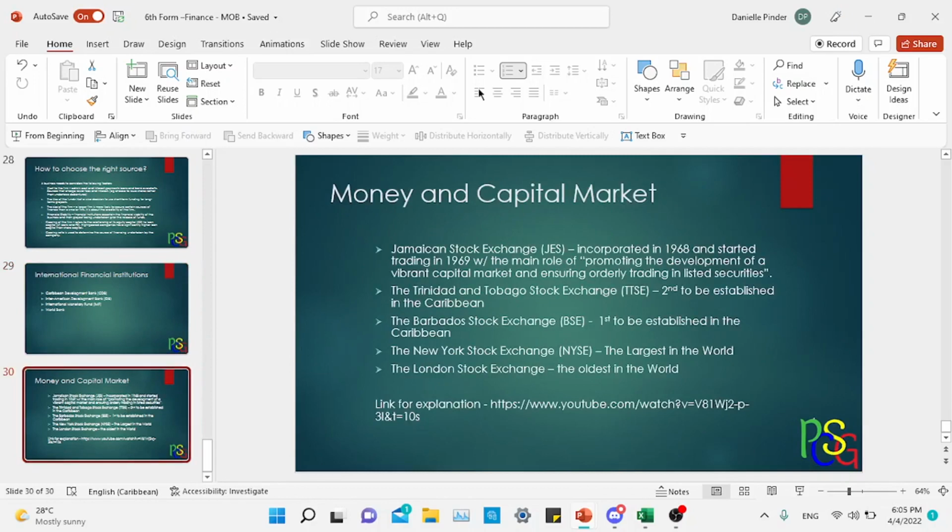So these are just stock exchange markets where the public can actually invest in a certain business which is trading on the stock market. This is the Jamaican one.